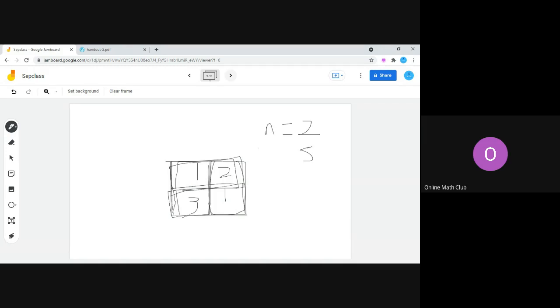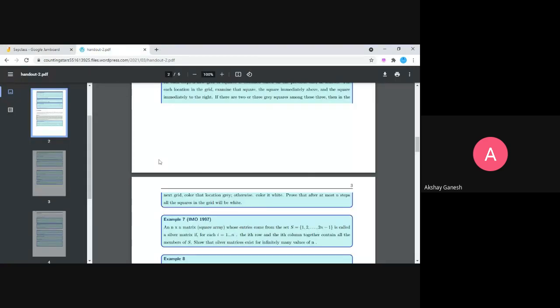So the first special, which is the combination of the first row and first column, contains 1, 2, and 3. The problem mentions that the set S should be exhausted, that the entries come from the set S and contain all the members of S.